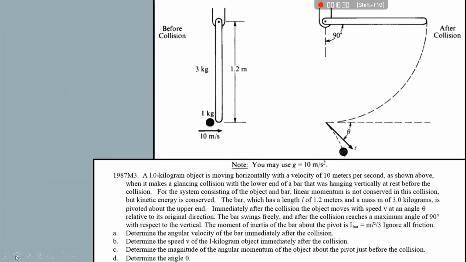Okay, I'm going to copy what we had last time, so we know omega is 5 from now on. Okay, part B. Determine the speed after the collision. Okay.